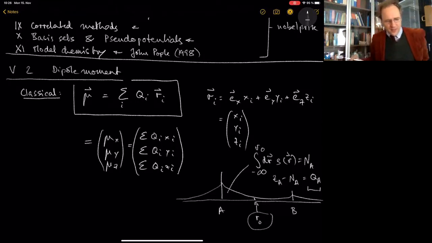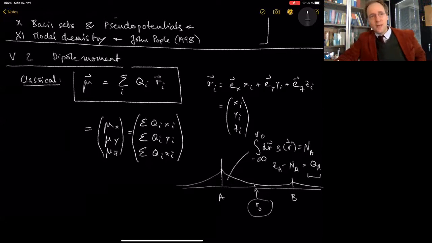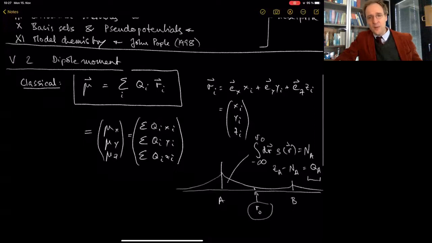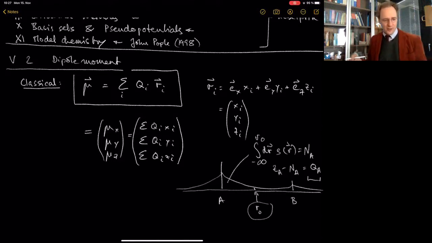So the proper way to do this is really to go back to postulate number one in quantum mechanics. The wave function is what we need, and we also already used the Hohenberg-Kohn theorem to show that the electron density plays an equally important role. So we should express these dipole moments in terms of electron densities, not in terms of arbitrarily defined atomic charges. This is quite straightforward.